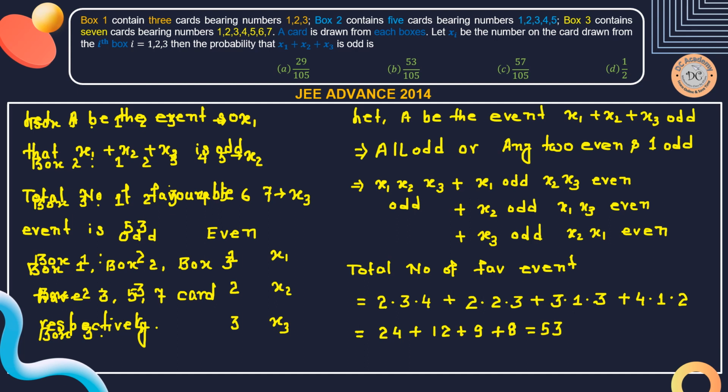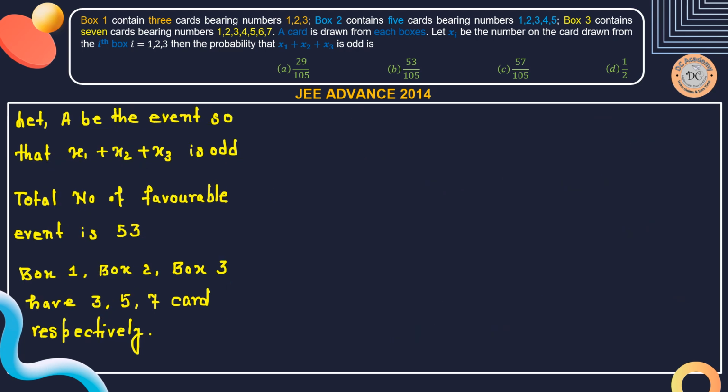Now we need to find the total number of events. We already know that boxes 1, 2, 3 respectively have 3, 5 and 7 cards.